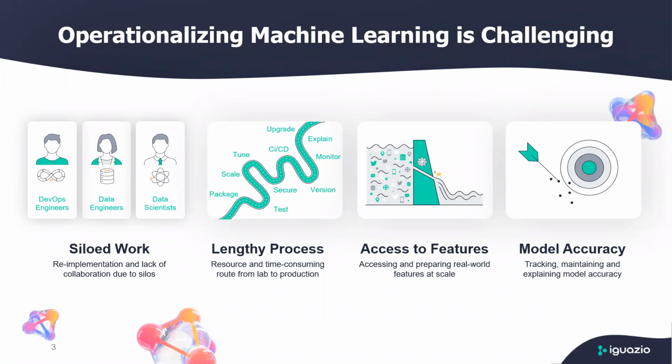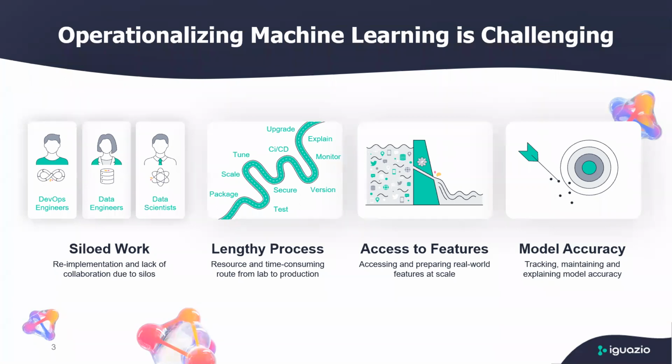Now, in order to produce something in production, you have to have access to exactly the same set of features that now need to come from operational databases, from logs, from APIs on the internet, and so on. So we usually see a big gap between having all the features ready and prepared in training and having the same features accessible in production with all the analytics stack that needs to go along with them.